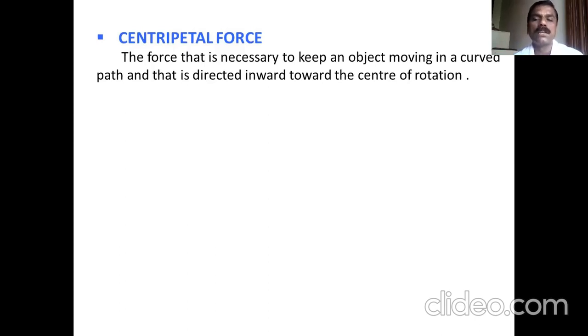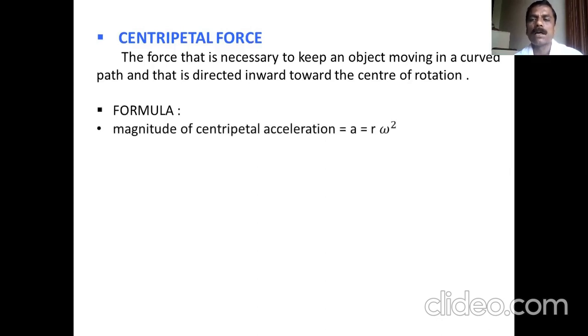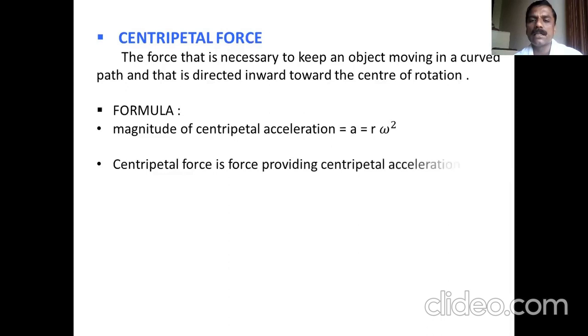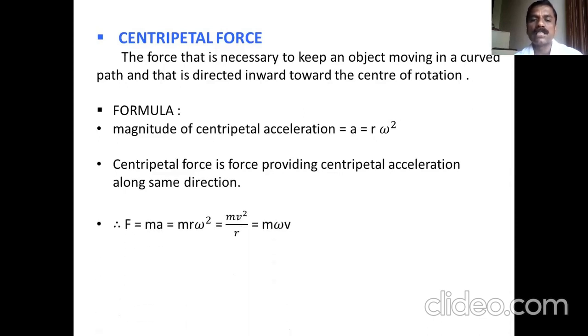Already we have seen it acts in the direction of centripetal acceleration. How can we find the formula for the centripetal force? We know the magnitude of the centripetal acceleration, a is equal to r omega square, and easily we can find the centripetal force because it provides the centripetal acceleration in the same direction.